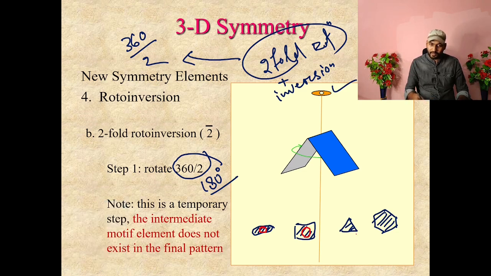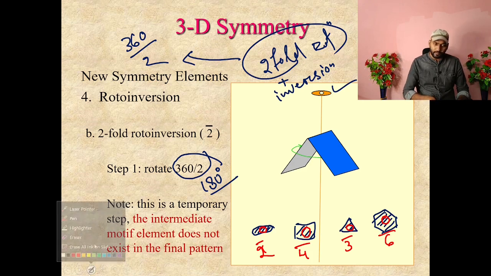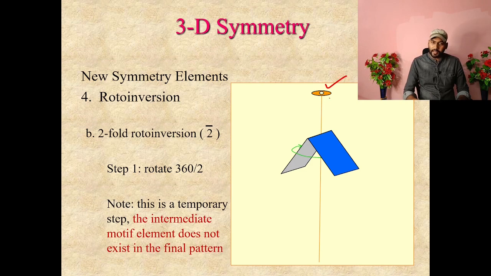That means it is reduced or inversion is there. Okay, when it is having a circle or open circle inside, then it is 1 bar, 2 bar, this is 4 bar, this is 3 bar, and this is 6 bar. Okay, so this is the twofold rotation axis plus inversion.